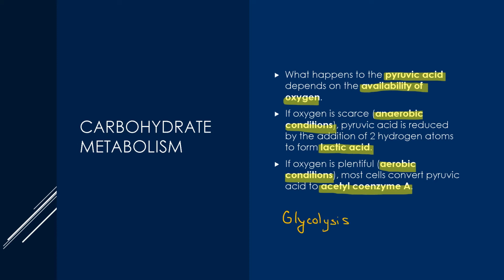So we'll actually see this in the next slide too, but just quickly. Glycolysis occurs in the cytosol, and the Krebs cycle occurs in the mitochondria. So pyruvic acid will enter into the mitochondrial matrix with the help of a special transporter protein.